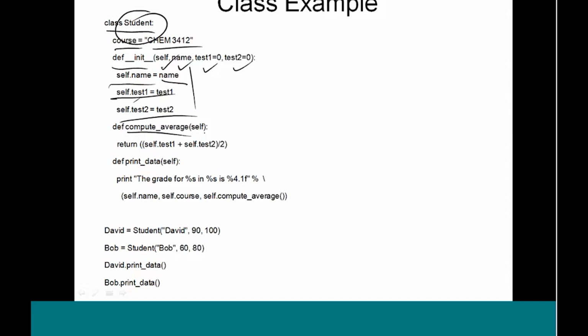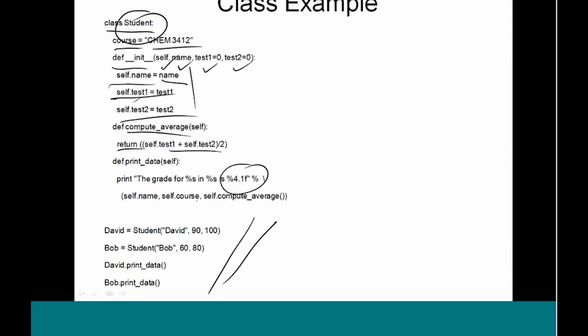Now we can say compute average of self, and that will add test1 plus test2 divided by 2, and then it gives you that average. And then print data is essentially, you can ask it to print the grade for a particular name in this particular course, which is the complete average of test 1 and test 2.